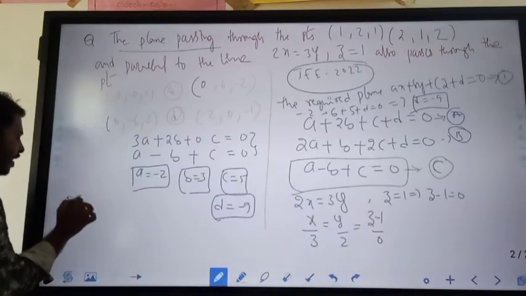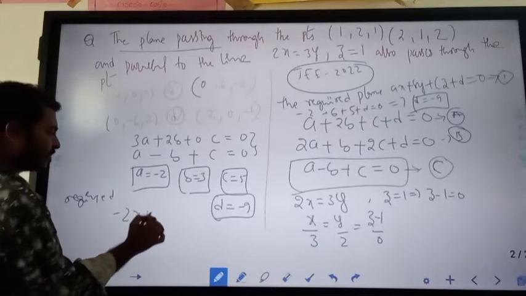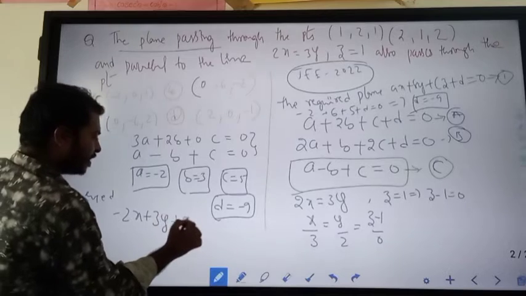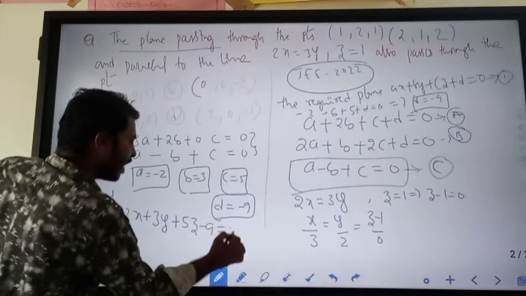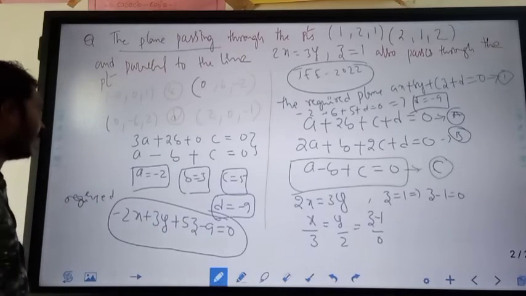Now the required plane is -2x + 3y + 5z - 9 = 0. This is our required plane equation.